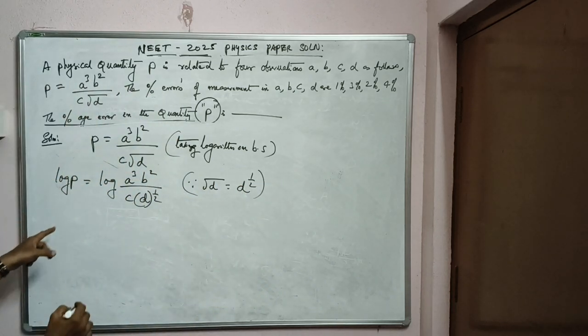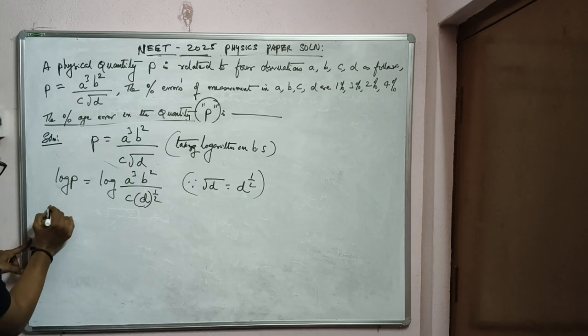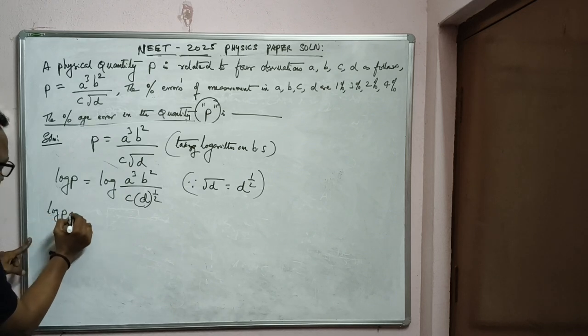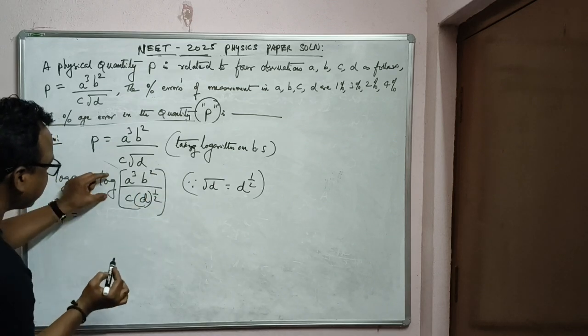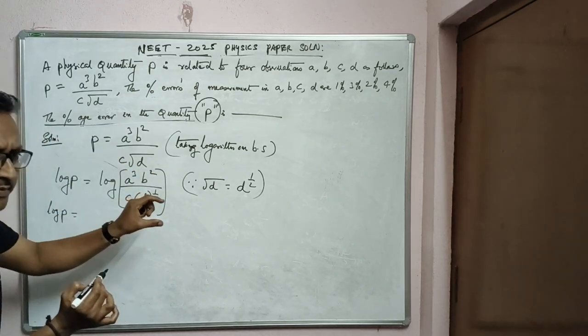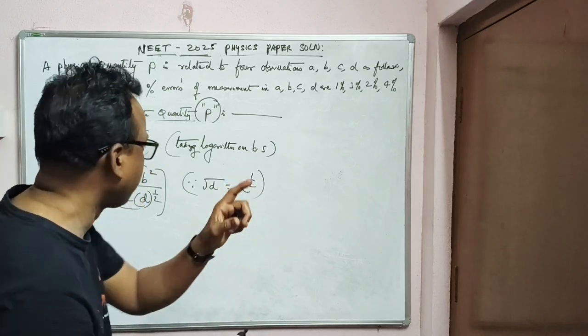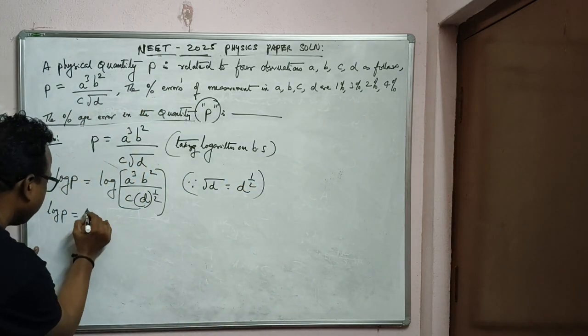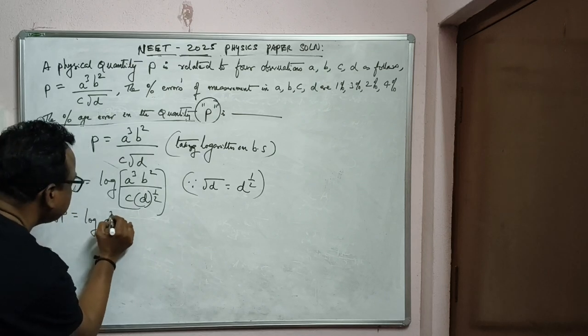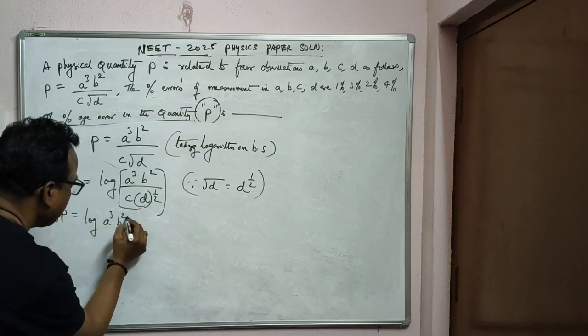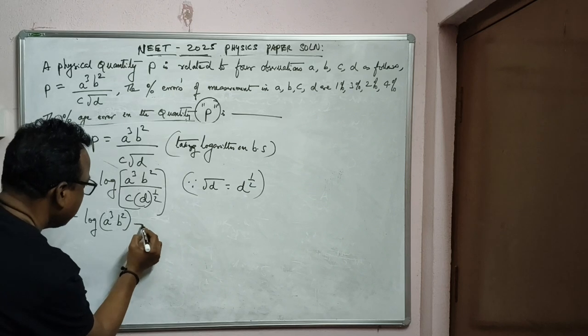Clear? Now I'll explain this one. Log P is equal to, this entire term, if you observe carefully, is in the form of log a by b. That means I can write it as log a minus log b.